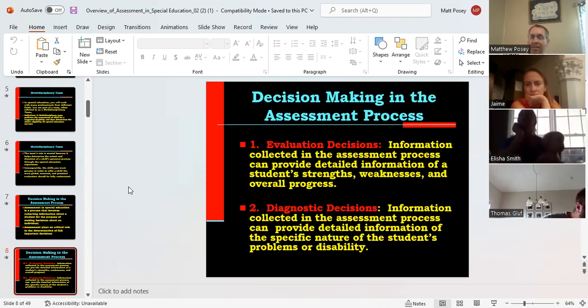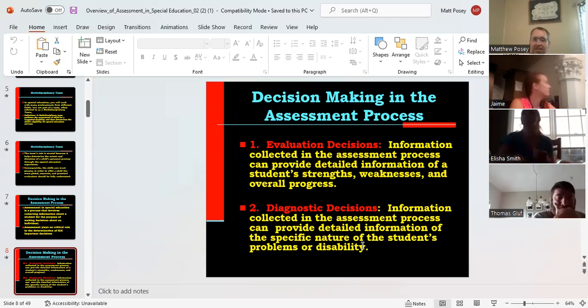It provides detailed information regarding strengths, weaknesses, and overall progress. As I mentioned a few minutes ago, the beginning phase could be administering some informal assessments, things that are really quick, just to give you a fast idea of how that student's doing. Then we have diagnostic decisions.